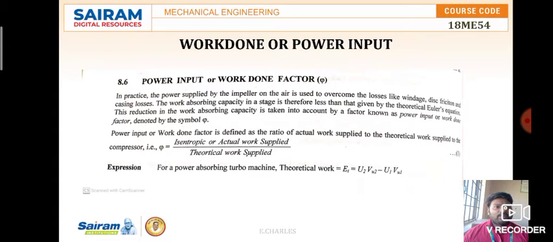Here the power input or work done factor is defined as the ratio of work supplied to theoretical work supplied, that is, for a compressor phi is equal to isentropic or actual work supplied divided by theoretical work supplied. For a power absorbing turbo machine, theoretical work is equal to U2 VU2 minus U1 VU1.